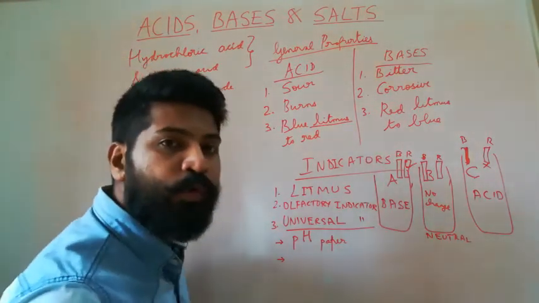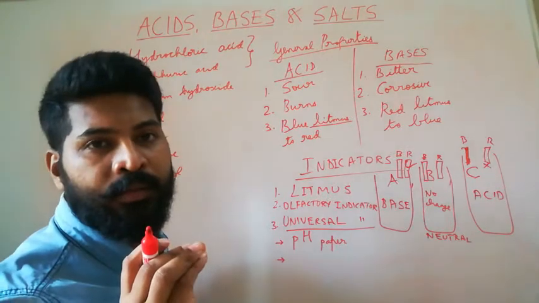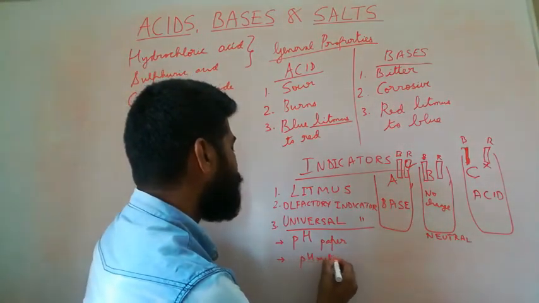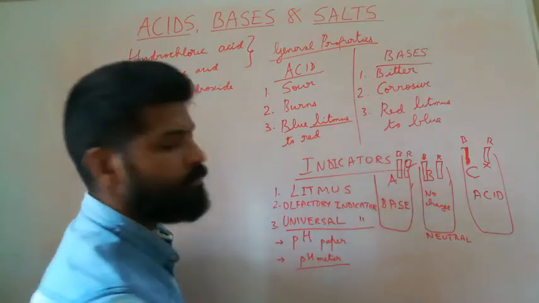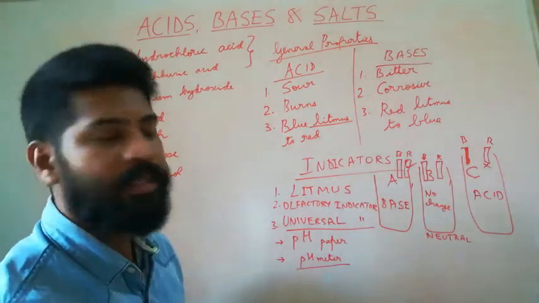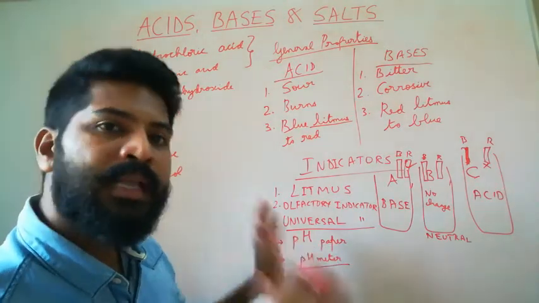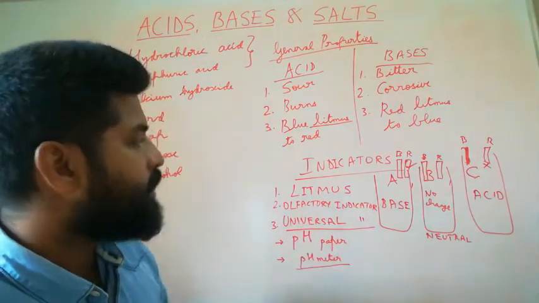If you want to get accurate measurements, then we can use what is called a pH meter for accurate measurements. For approximately knowing whether it is acid or a base, we can use a pH paper.